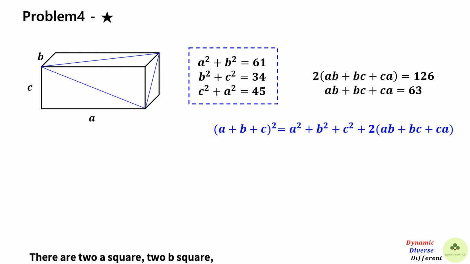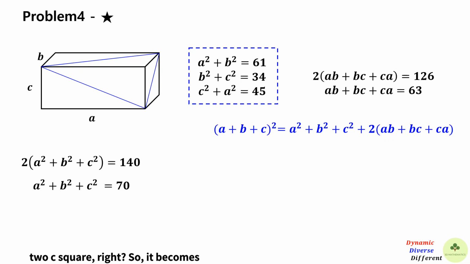There are 2A squared, 2B squared, 2C squared, right? So it becomes 2 times A squared plus B squared plus C squared equals 140. And we can get that A squared plus B squared plus C squared is equal to 70.